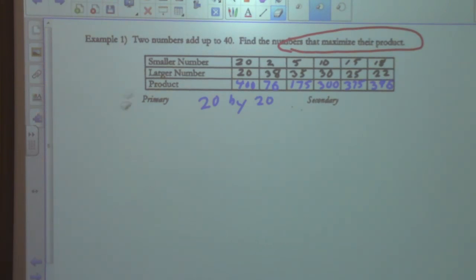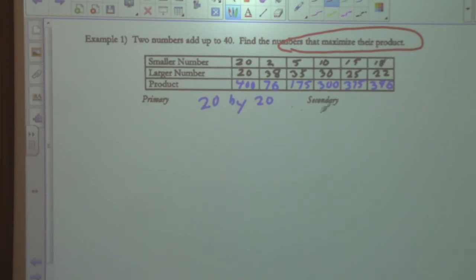Now here's an example of a situation where you have two numbers that add up to 40. And so you just try different numbers. You try to find the numbers that maximize their product. So this is not an equation way of doing it, but just a trial and error way, where you pick out a smaller number and a larger number and work back and forth till you find the product.